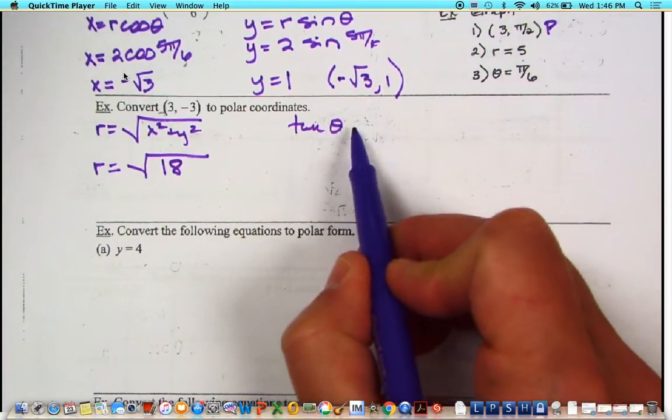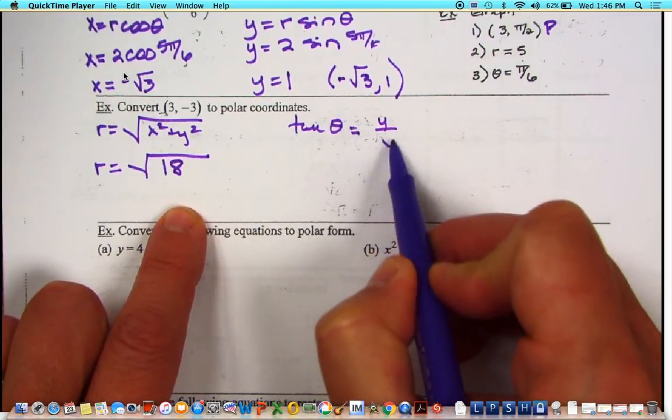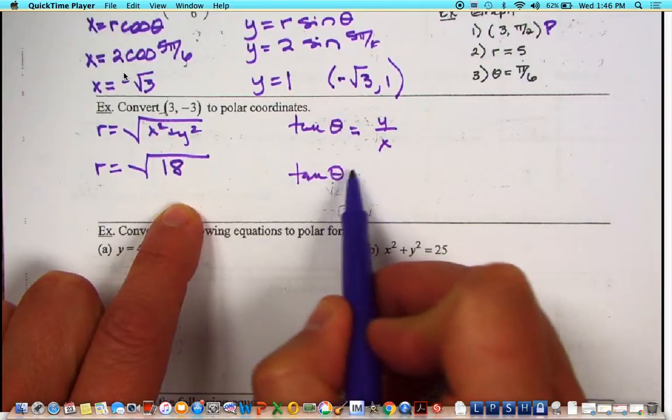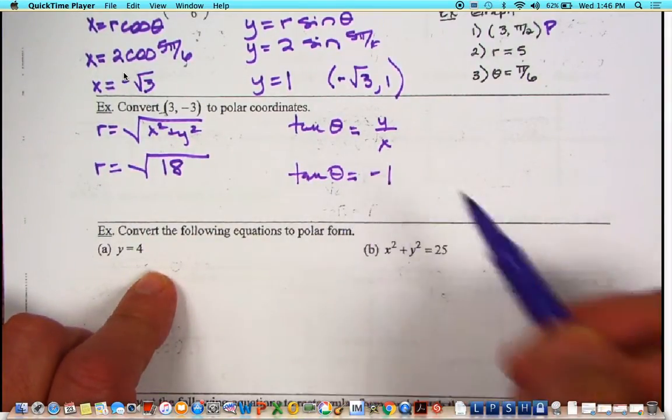I also know that tangent of theta is equal to y over x, right? So tangent theta would be equal to what in this problem? Negative 1.